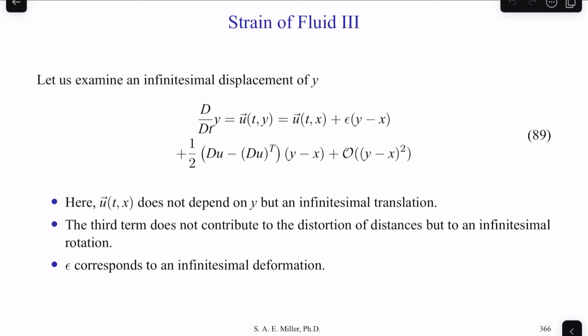Here u is the velocity vector field, of course, and it does not depend on y, but an infinitesimal translation over a short time. This third term here does not contribute to the particular distortion of the distances, but only to an infinitesimal small rotation. Epsilon corresponds to the infinitesimal deformation.